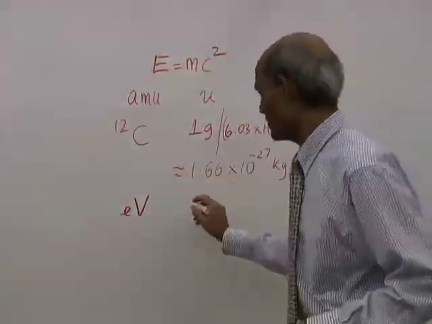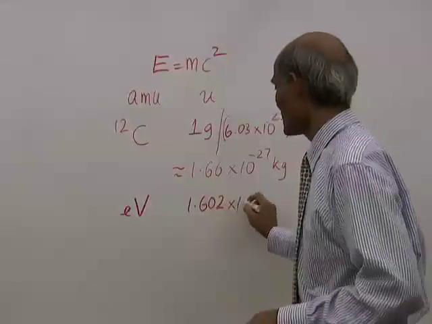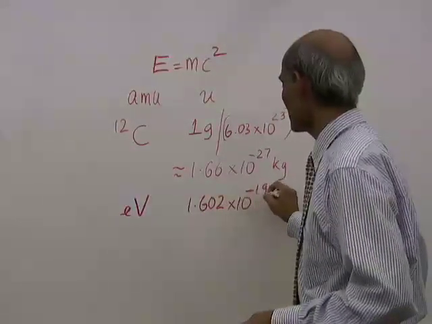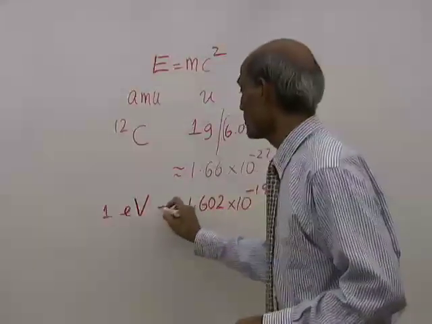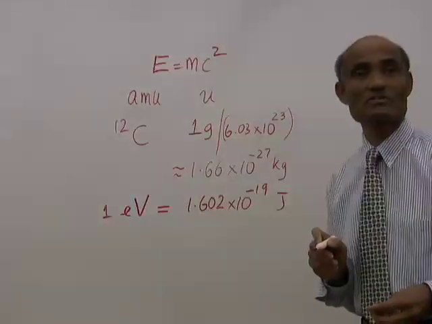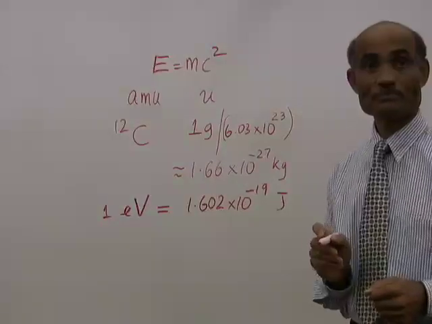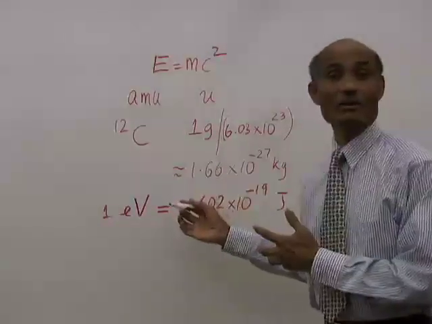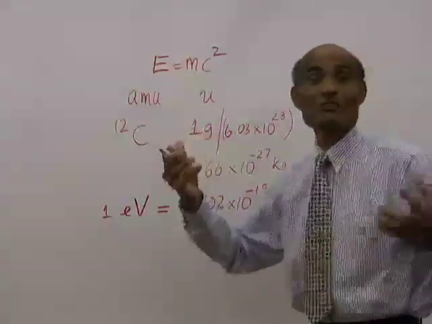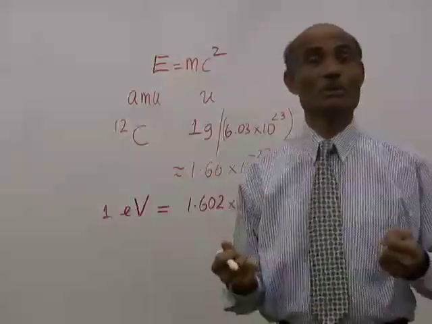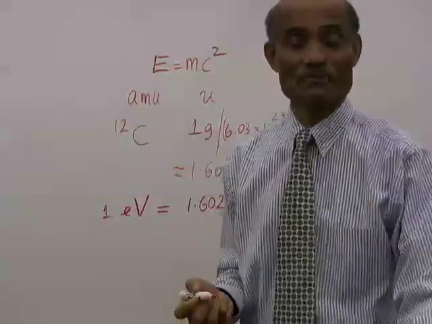Now, what is its value? 1 electron volt is 1.602 times 10 to the negative 19 joules. Well, we have now unit for measuring energy, unit for measuring mass, and there is a relation connecting the two. So we are ready to talk about nuclear energy.